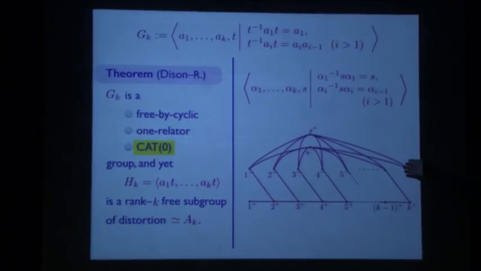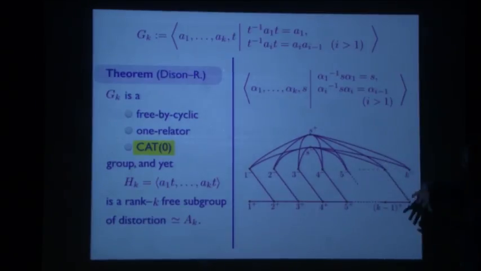And this is what the link looks like for GK. This is what this graph looks like. And what's the obstruction? The link condition is an obstruction to being non-positively curved. It tells you that this 2-complex is non-positively curved if and only if you don't want cells coming together at the vertex to give you positive curvature.